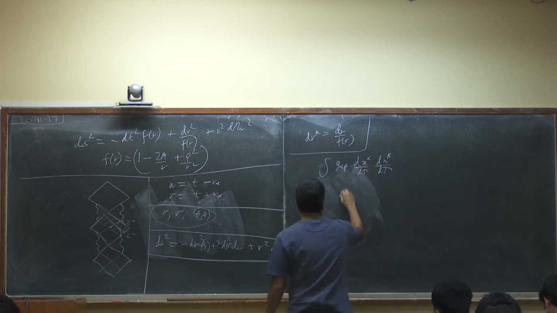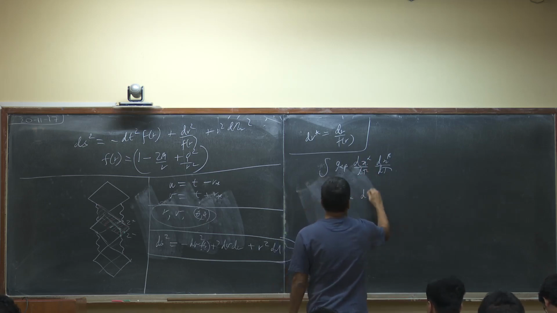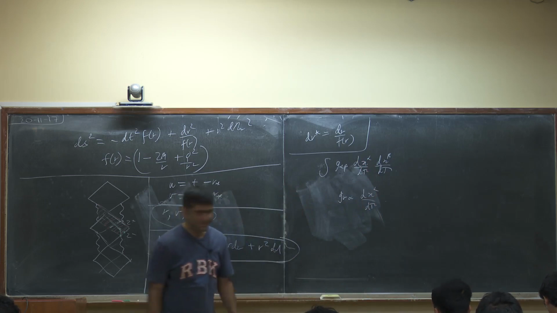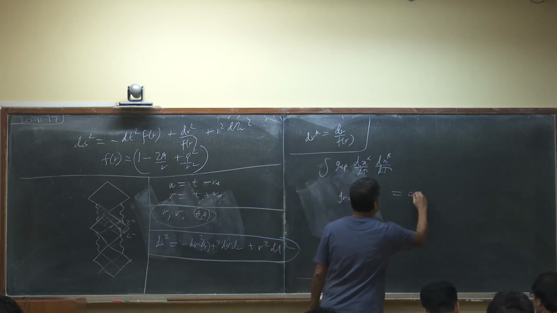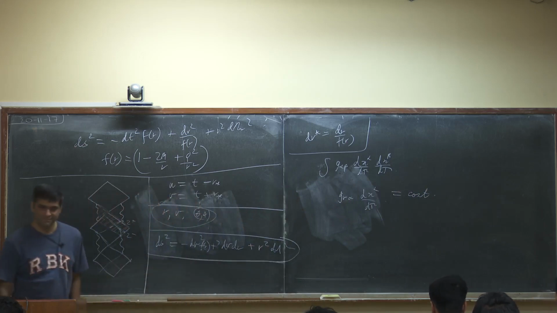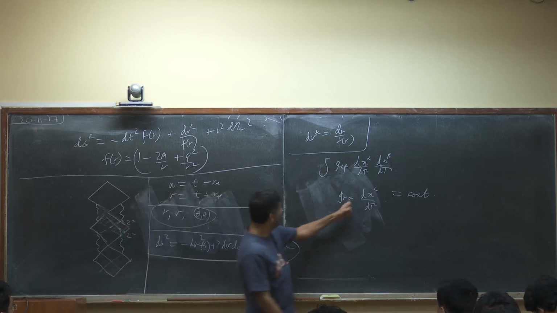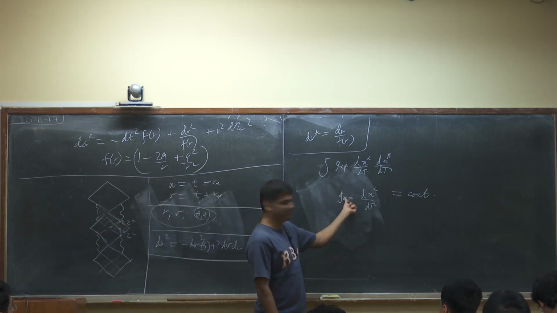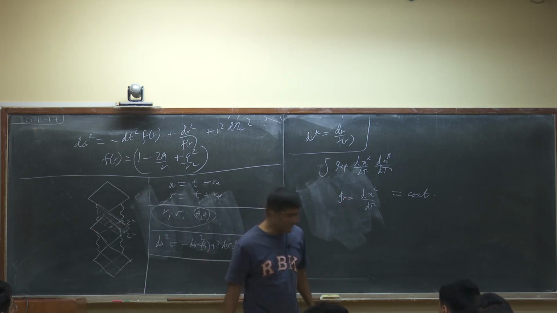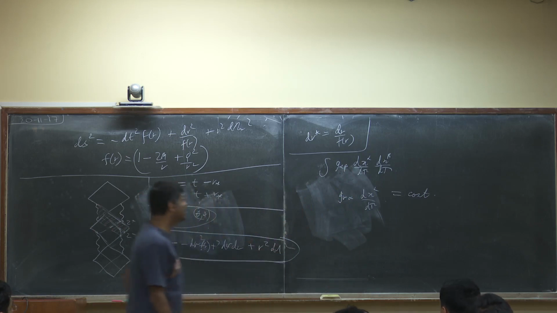So that will be g_vα dx^α/dτ, up to some normalization which we don't care about. This is equal to some constant. Is this clear? Because v dot gets rid of this index and then you get a v there. Clear? So this is constant.